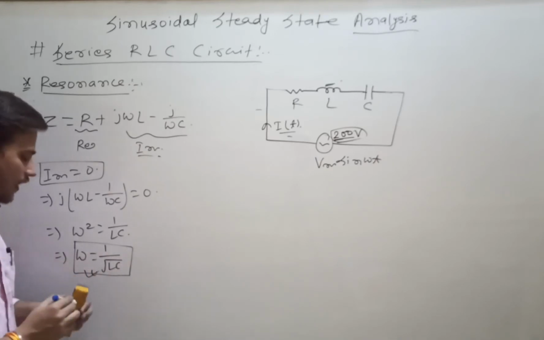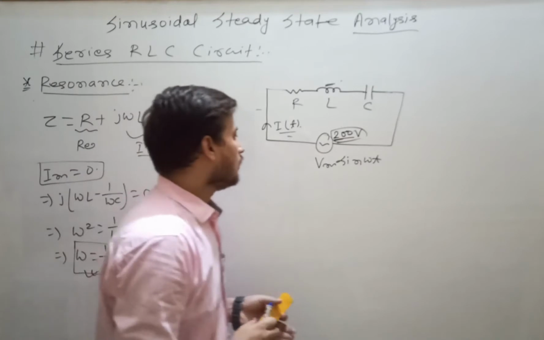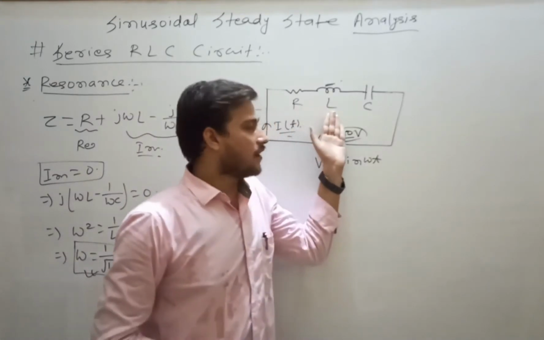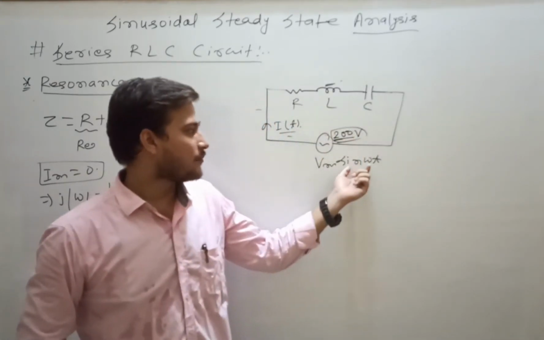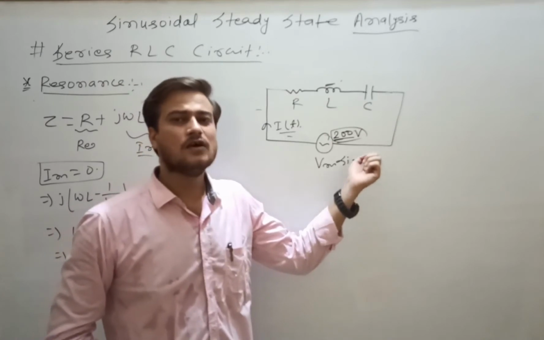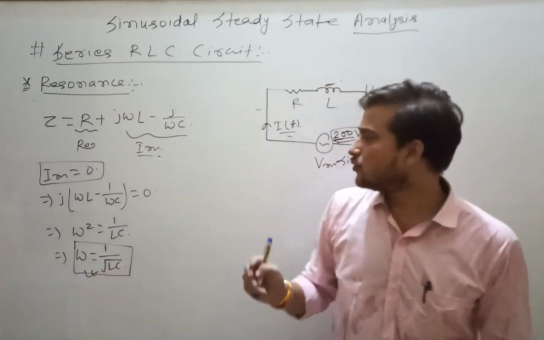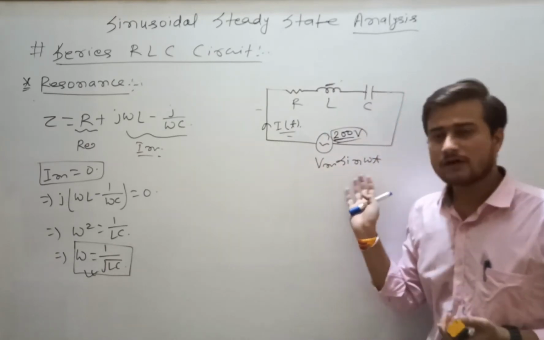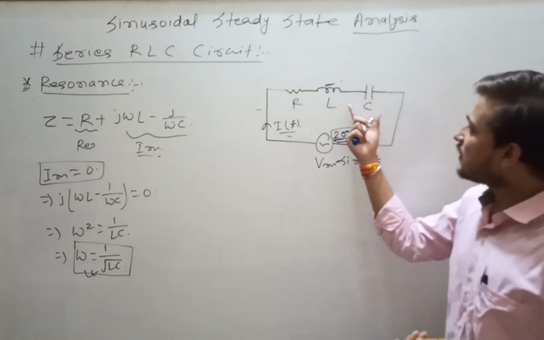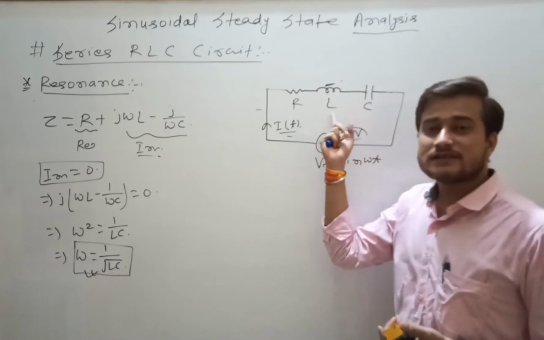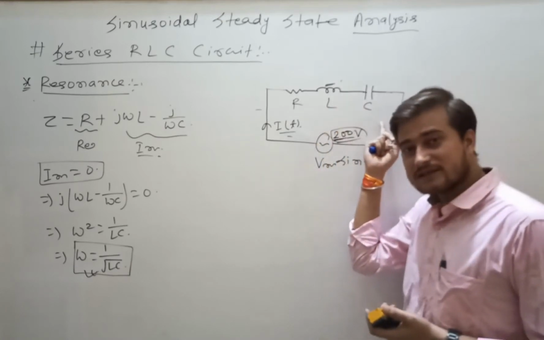Clear? So what does it mean? You are having a resistor, inductor and capacitor, and a supply having frequency omega. Now you cannot change the frequency of supply, but you can select the values of inductor and capacitor. So suppose this omega is 314 radian per second.